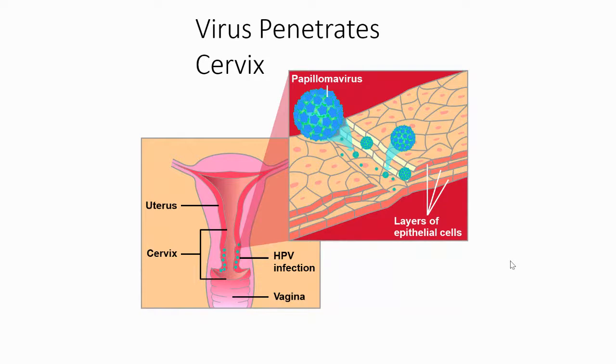What happens with HPV is that the virus penetrates the cervix. So you can see here the virus is the blue and aqua circular shape, and it actually inserts itself into the layers of epithelial cells, those surface cell layers in the cervix.